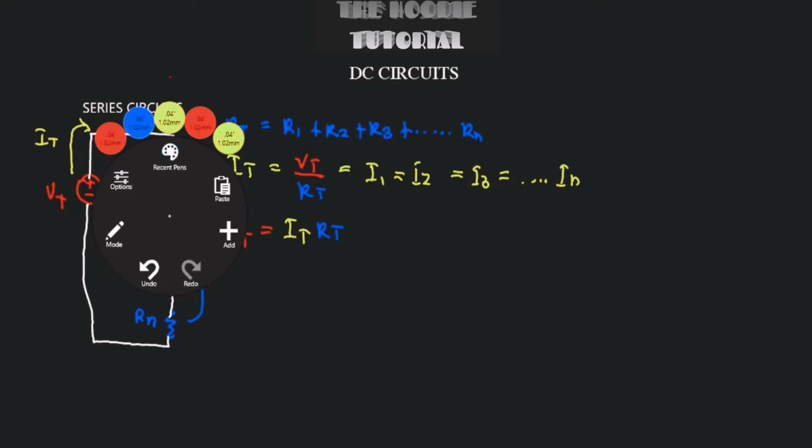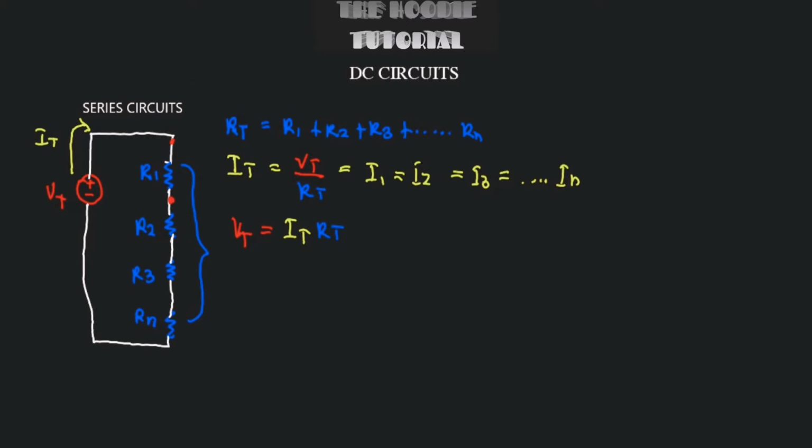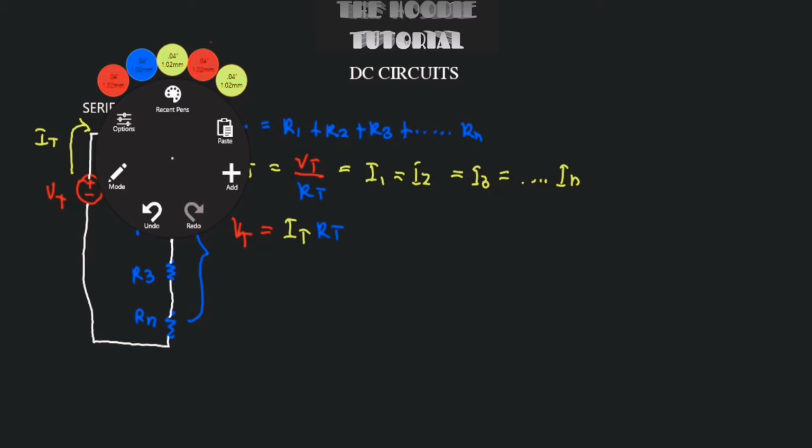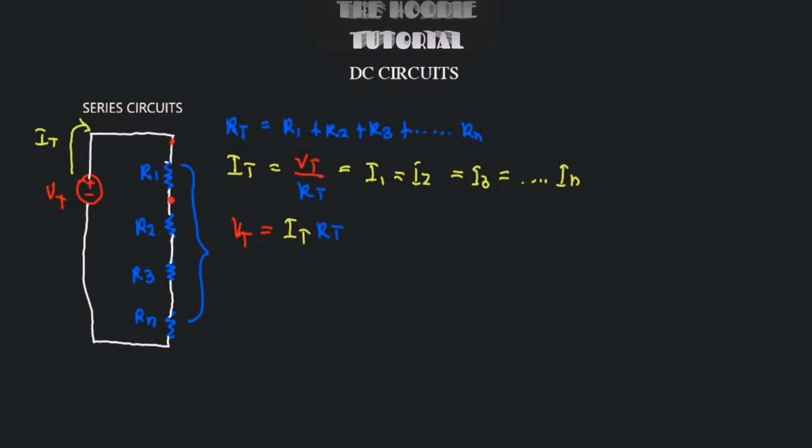So even if the same current is flowing through the series circuit, we have voltage drops right here. We have voltage drop across R1, let's call this V1. We have also voltage drop across R2 right here, let's call this V2. There would also be voltage drop across R3 right here.